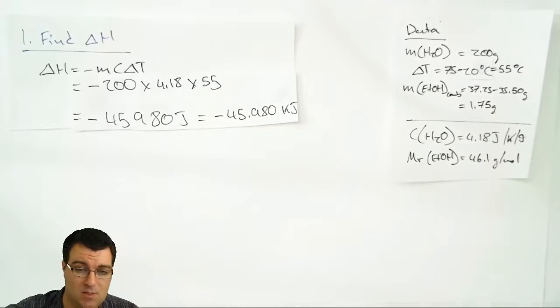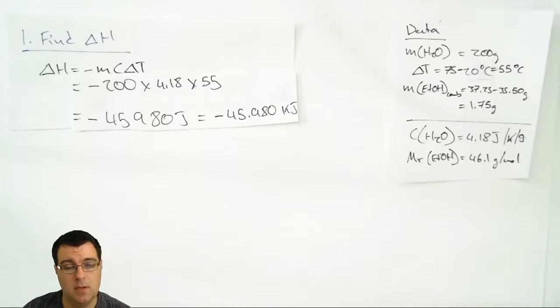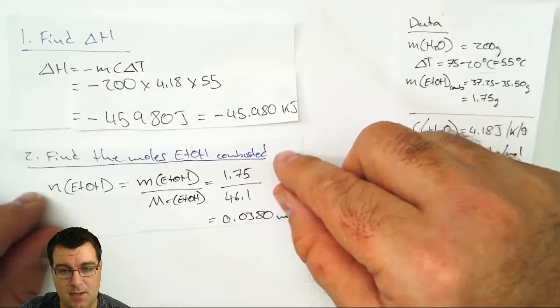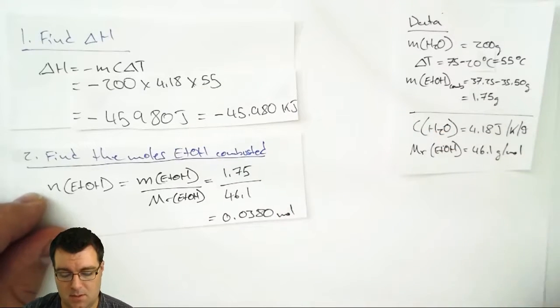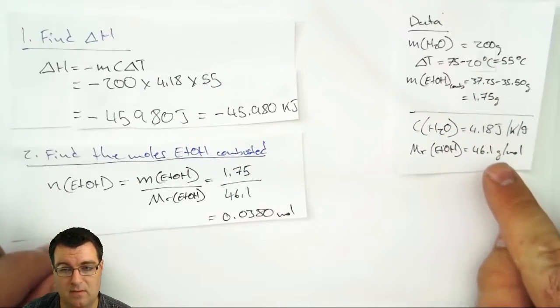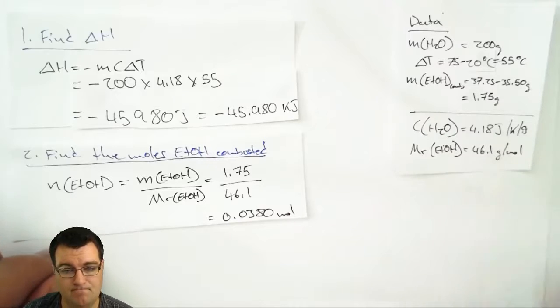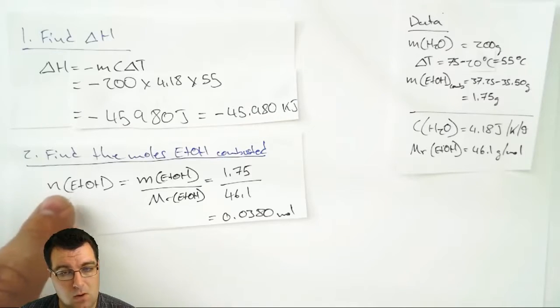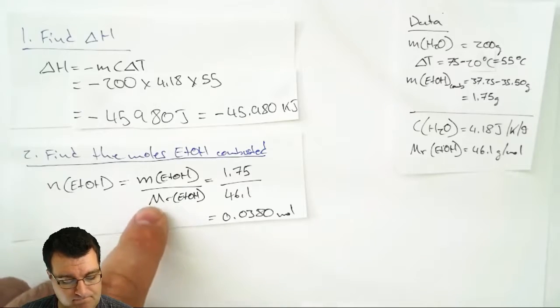Once we've found that, our next step is to find the number of moles of ethanol that has combusted. To do that we need the molar mass of ethanol, and we use another old familiar equation from the preliminary course: moles equals mass over formula weight, or molar mass.